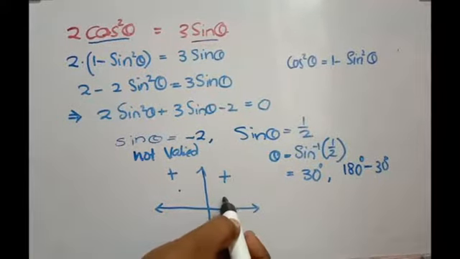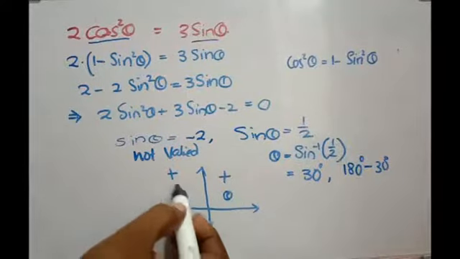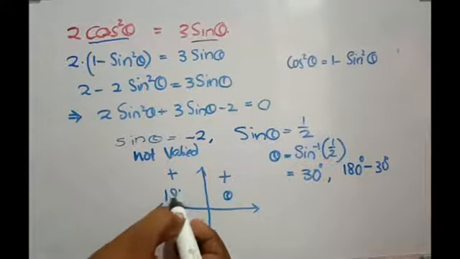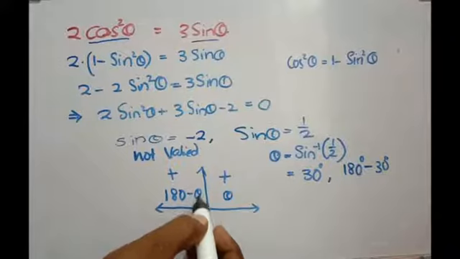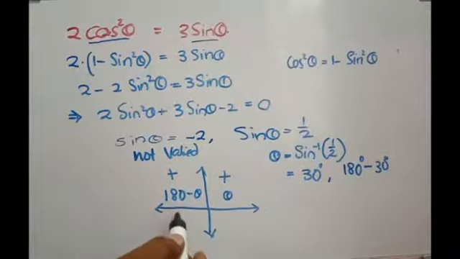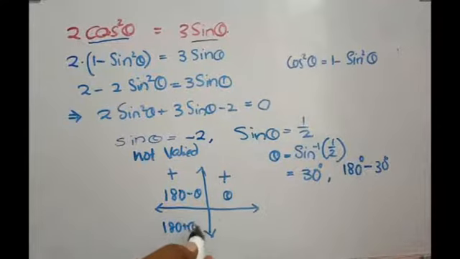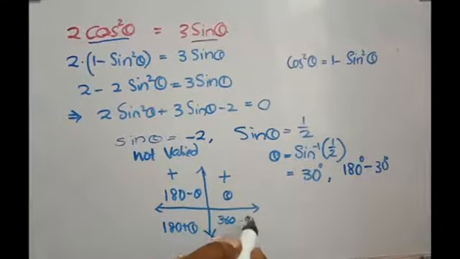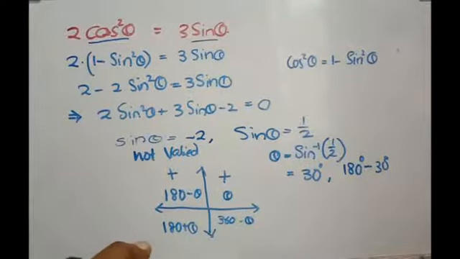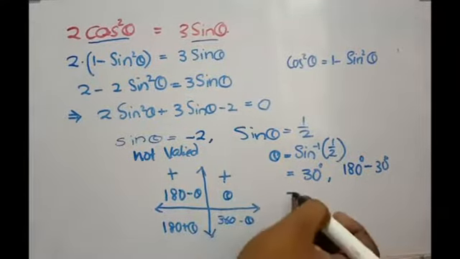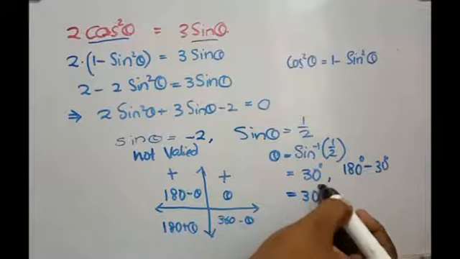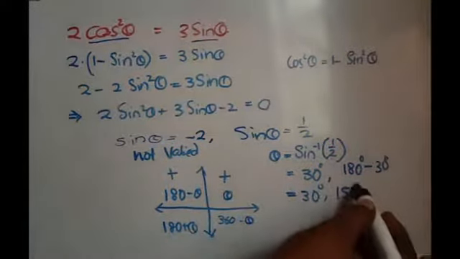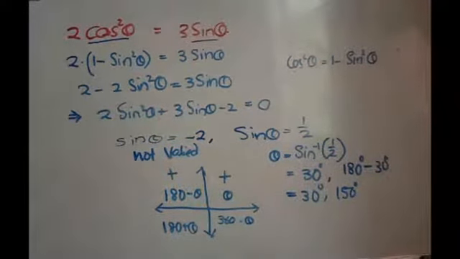Remember, this is theta. In the second quadrant, the angle is 180 minus theta. In the third quadrant, it is 180 plus theta. In the fourth quadrant, it is 360 minus theta. So we get the possible values as 30 degrees and 150 degrees as answers.